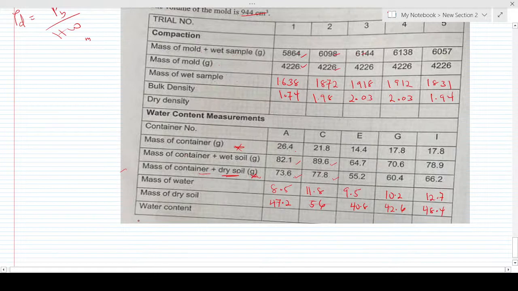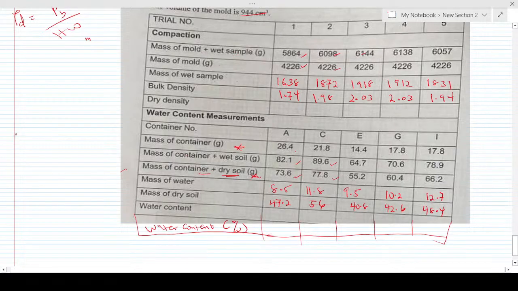So I'm going to create another column here, one all for my water content, right? But this water content is in decimals, and this water content will be in percentage. Okay. So now, water content.